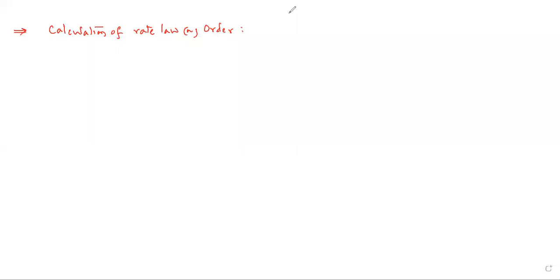Now, see, the first case is the mechanisms in which the rate determining step is given. I mean, the slow step of the reaction is given.